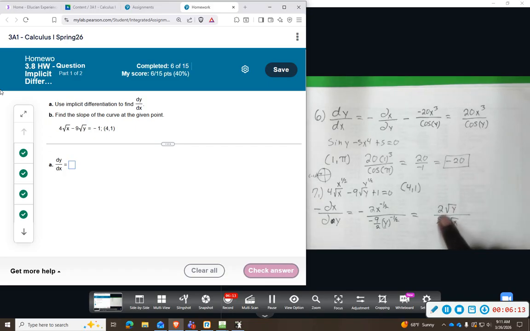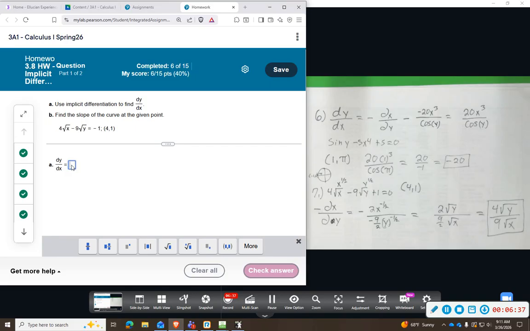Now you can keep change flip with this, so that 2 would go up and multiply up here, the 9 will stay down. That will give you 4 square roots of y over 9 square roots of x. Still got to find the slope, but let's do this derivative.